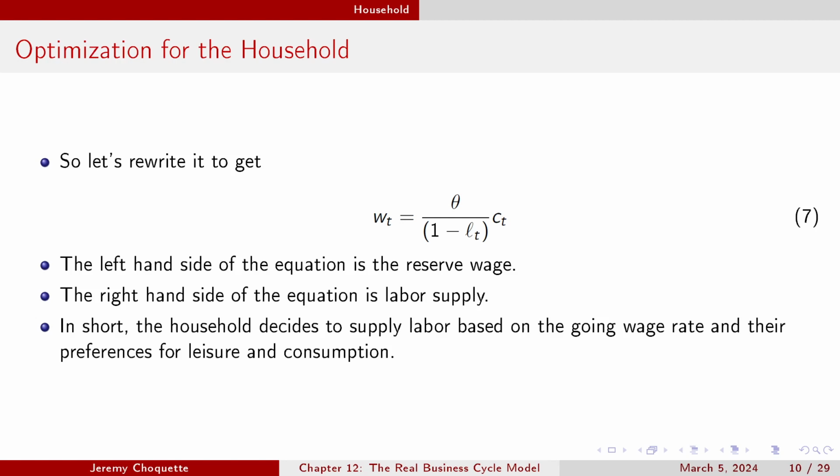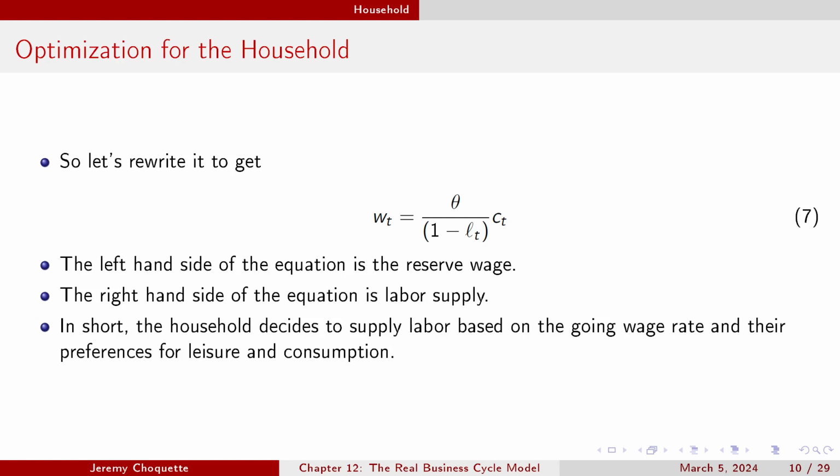So this says that the wage rate that will induce me to work is a function of the elasticity of substitution between labor and consumption. I think I said the elasticity of labor supply. It's the elasticity of labor and consumption, labor itself, and then consumption.